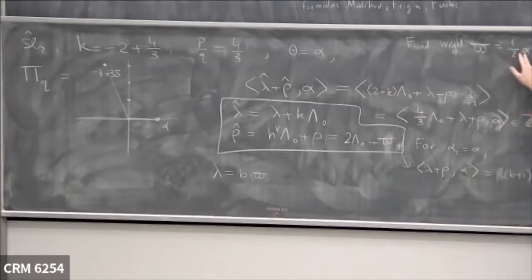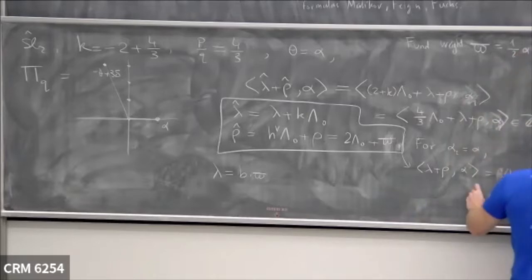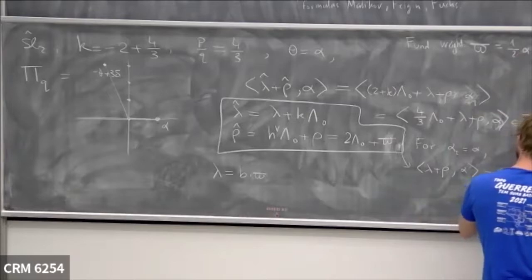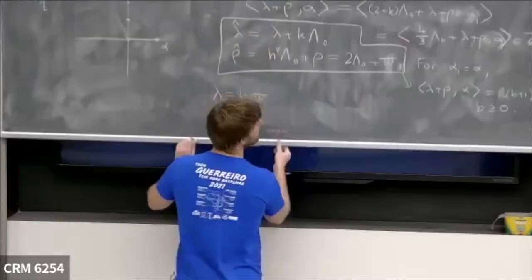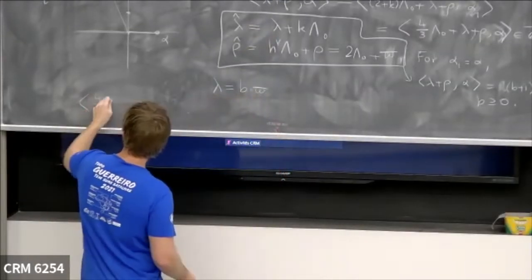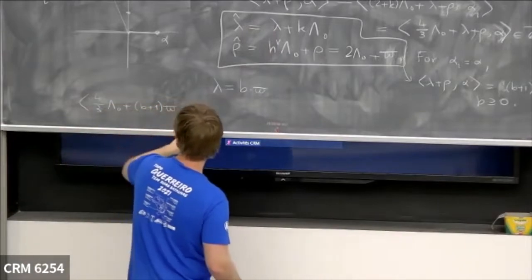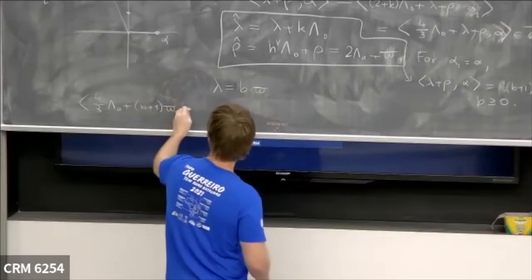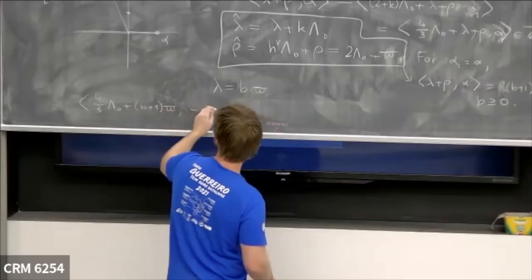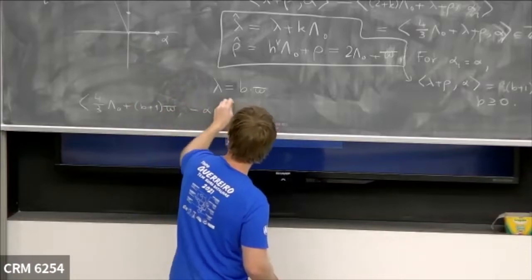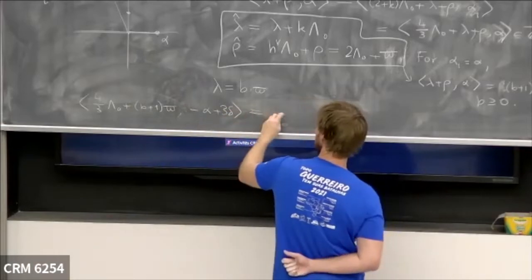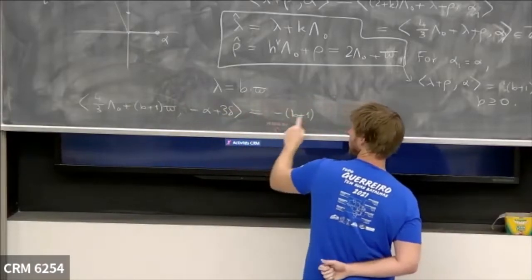The fundamental weight pairs with alpha to give 1. Right. So b plus 1. So b has to be greater than or equal to 0. On the other hand, for lambda 0, b plus 1 omega times the other guy, minus alpha plus 3 delta is minus b plus 1.